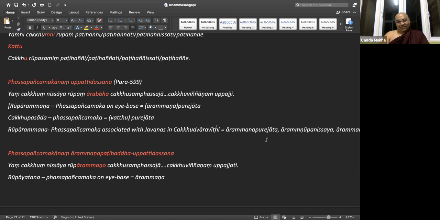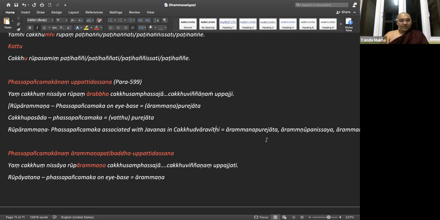Yes. And also, here it mentioned the Cakkhudvara Vithi. Should we also include the Paccayas, I mean, the relationship between the Rupa-arammana and the Phassa-pancamaka associated with other cittas besides the Javanas?